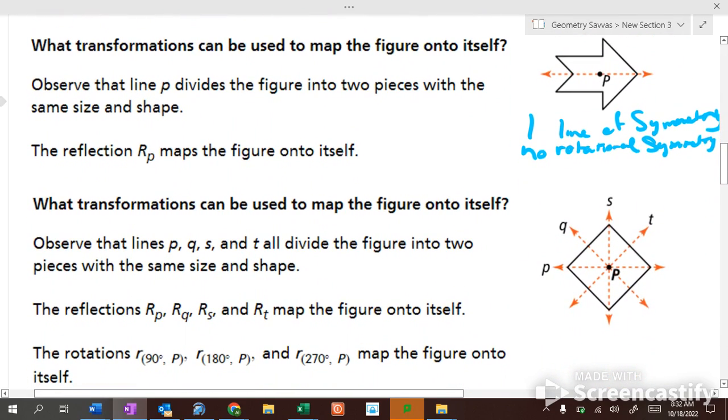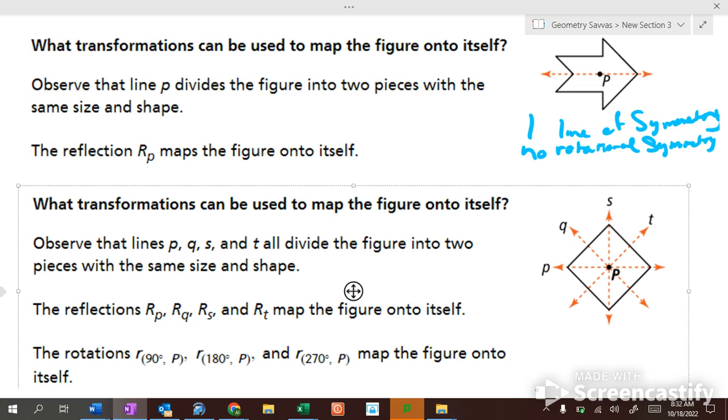Okay? This one, how many lines of symmetry does it have? 4. 1, 2, 3, 4. When it has an even number of sides, you can split it angle to angle, or you can split it down the middle of a side. So a 4-sided figure will have 4 reflectional symmetries.